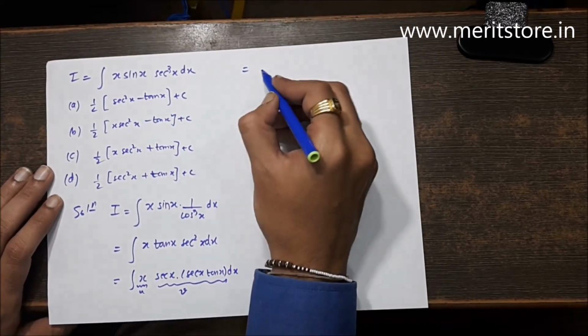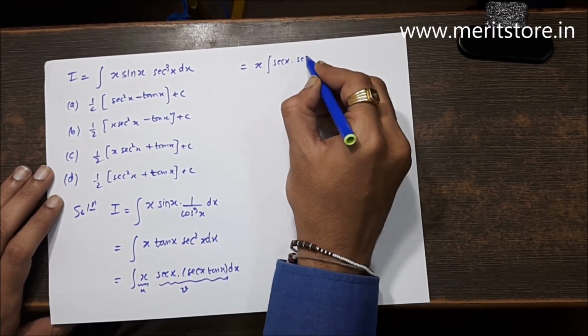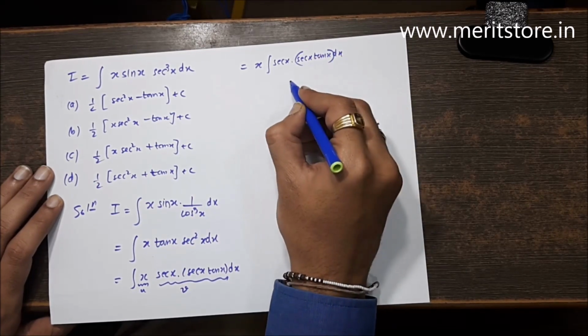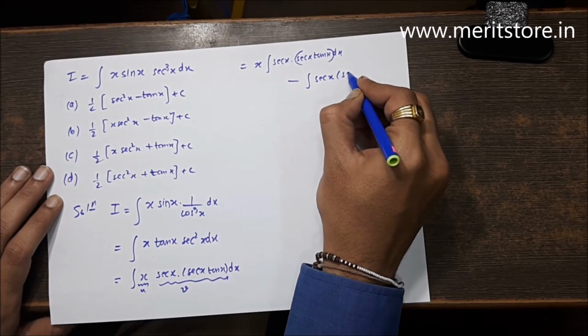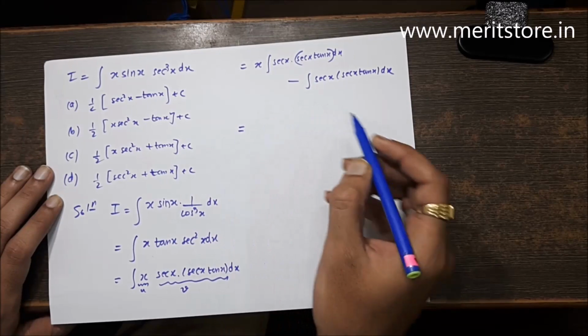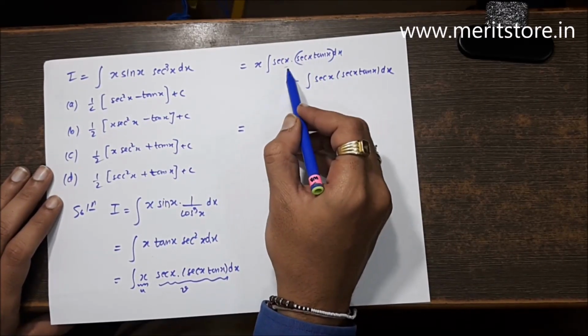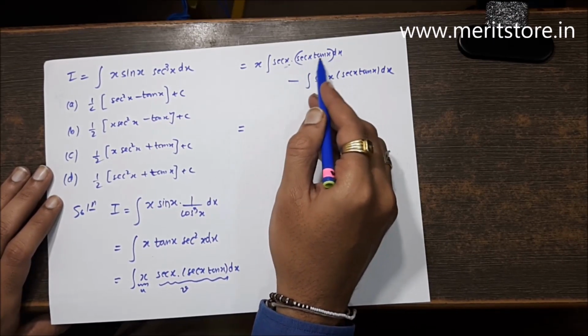Applying the integral, it becomes x integral of sec x into sec x tan x dx minus integral of the same thing, which is sec x of sec x tan x dx. Now observe the reason behind writing it in this form: the derivative of sec x is sec x tan x dx.